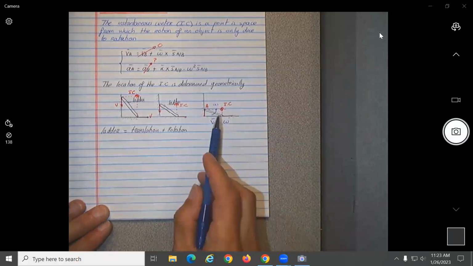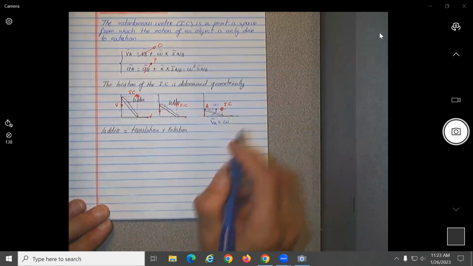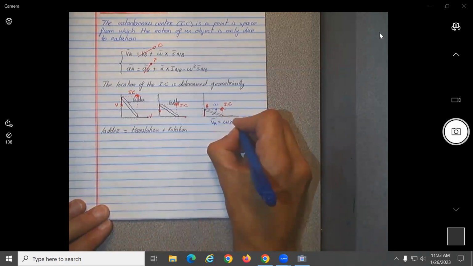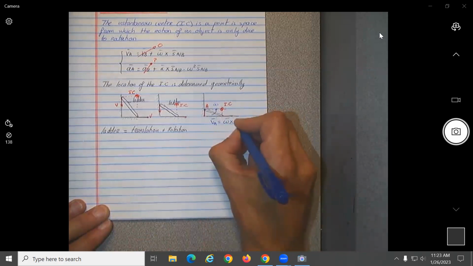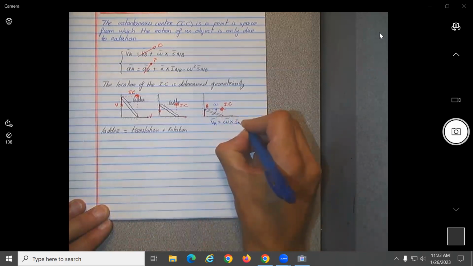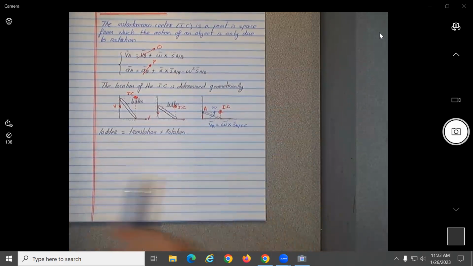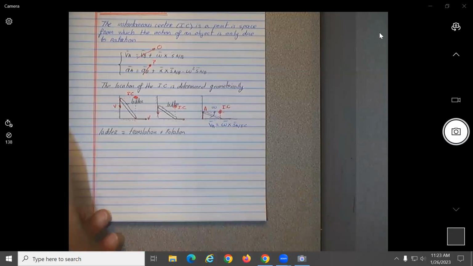So if you study the motion of that object from the instantaneous center, you can say that the velocity of point A would be omega cross S of A with respect to this instantaneous center. But what is confusing is that this instantaneous center doesn't have to be on the object itself, no? It can be at a different location. So that's why for this type of problem, I don't like to use it.